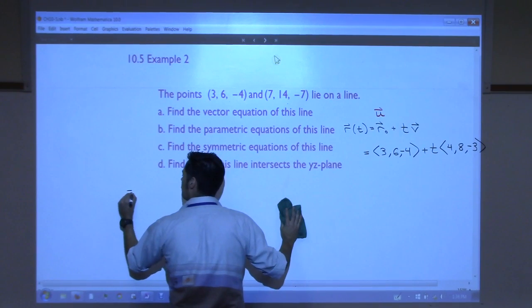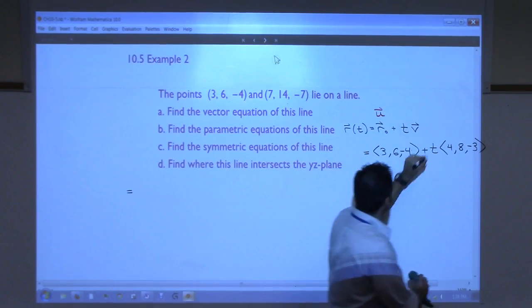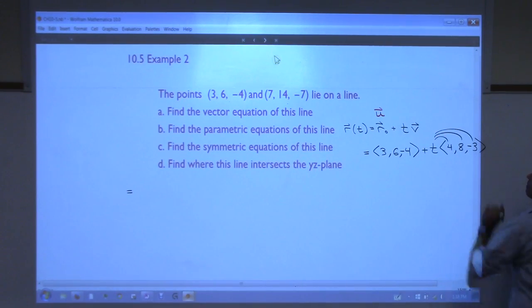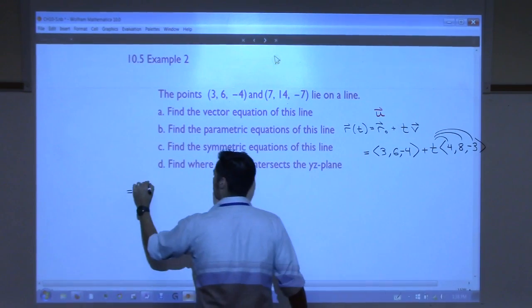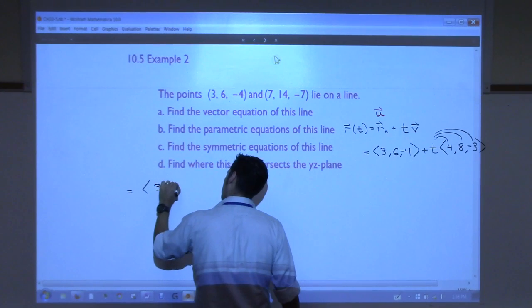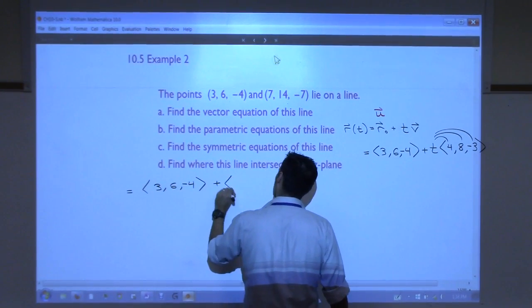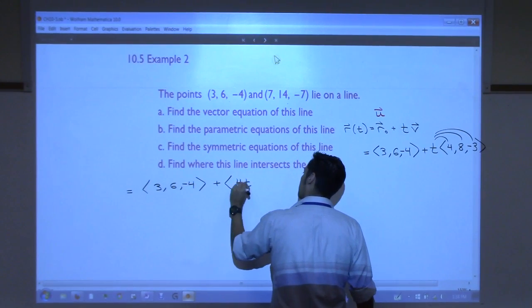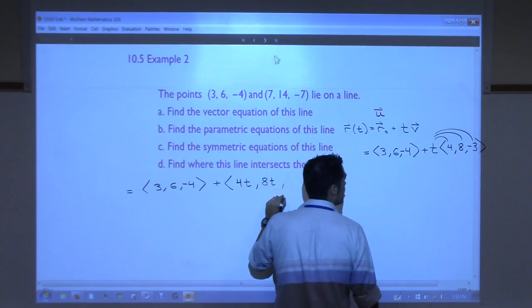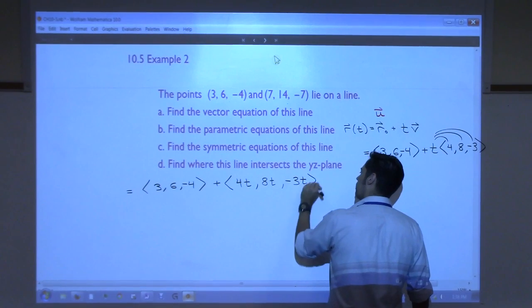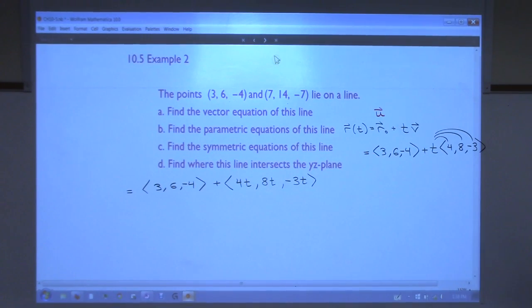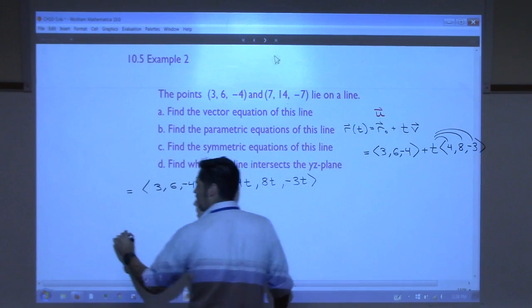This is equal to, pass the t through here: 4t, 8t, negative 3t. And then add the two together. And I'm going to put r of t back in front here.